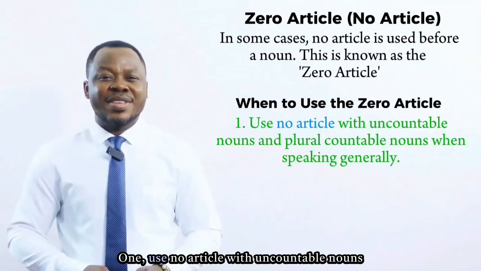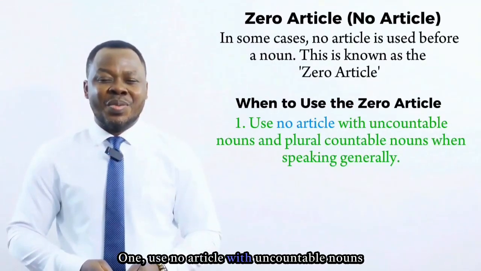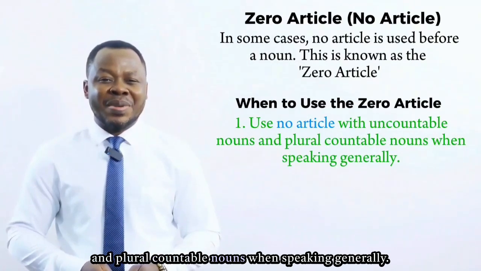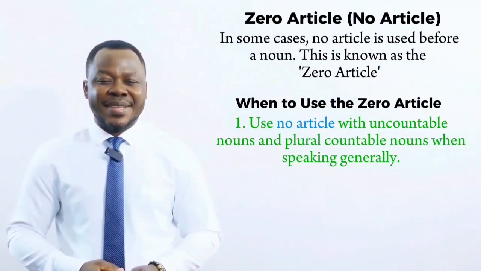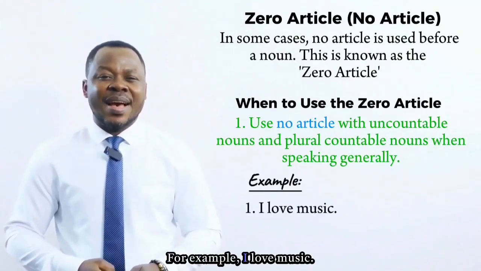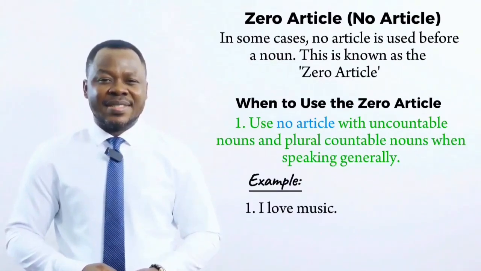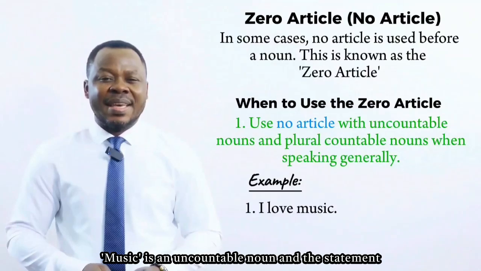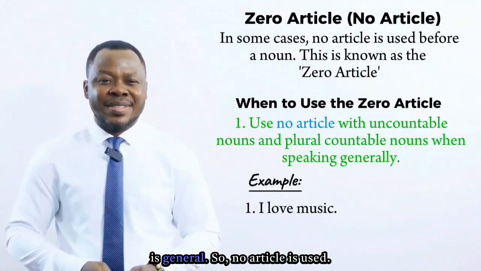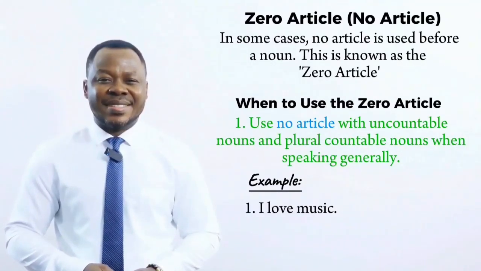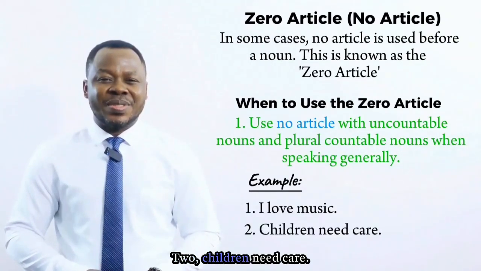1. Use no article with uncountable nouns and plural countable nouns when speaking generally. For example, I love music. Music is an uncountable noun, and the statement is general, so no article is used. 2.